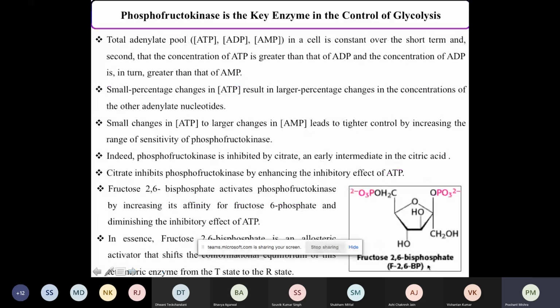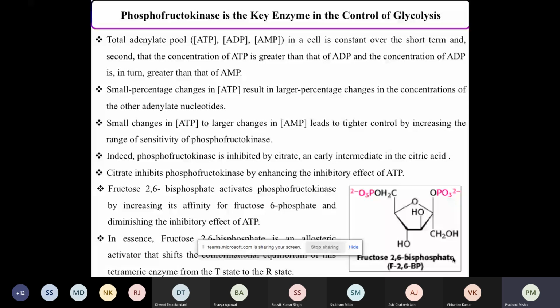The molecule which controls the enzyme is fructose 2,6-bisphosphate. Now this fructose 2,6-bisphosphate is different from fructose 1,6-bisphosphate. Why? Because when fructose 1,6-bisphosphate is formed, it will go in the forward direction of the glycolytic pathway, where it is going to produce two molecules, glyceraldehyde 3-phosphate and dihydroxyacetone phosphate.